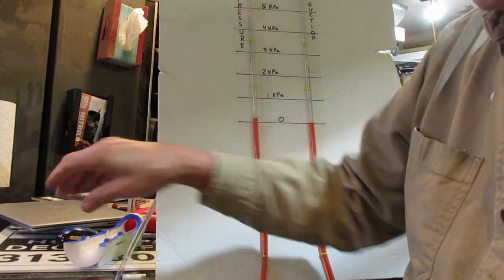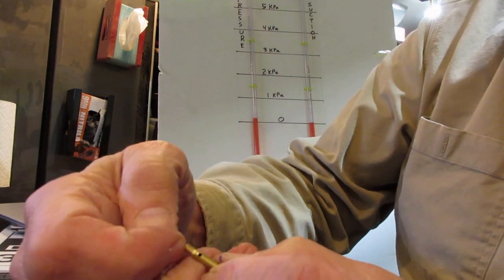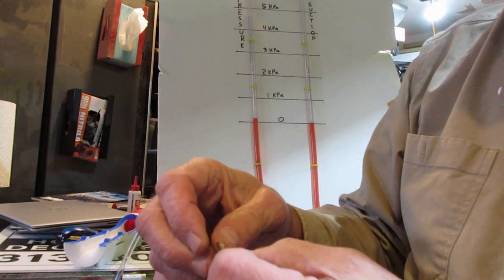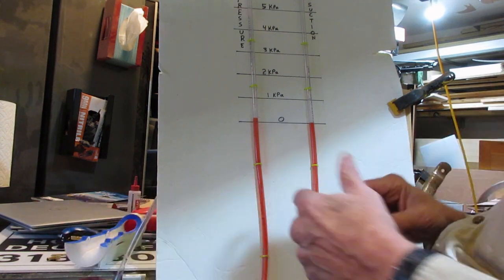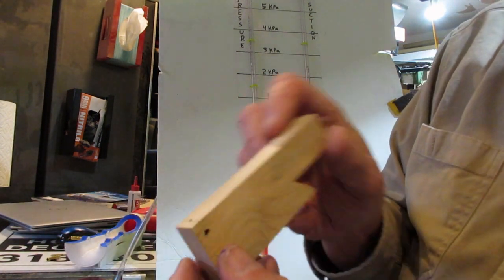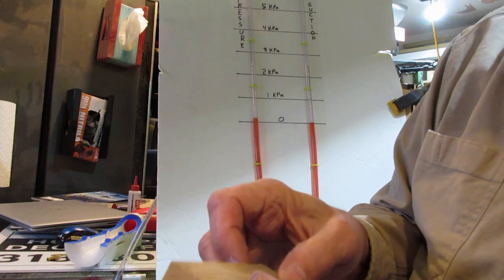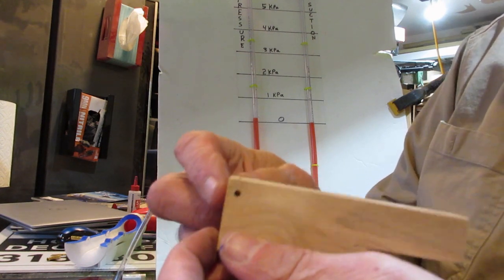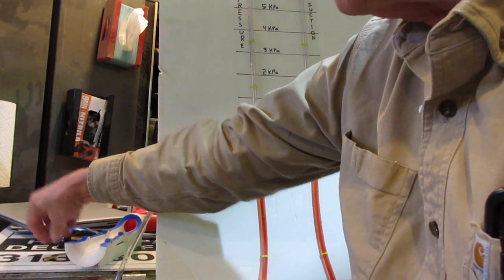There. It's really hard to get a drill started on the top of this rounded surface, and if you try to center punch, this stuff is so thin and soft, that's a problem. So what I did is I have this chunk of maple. I drilled the 1/8 inch hole through this way.